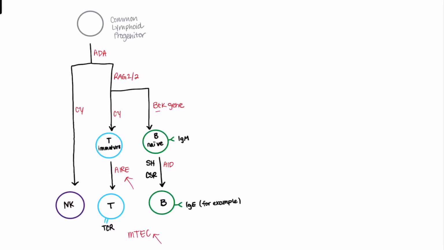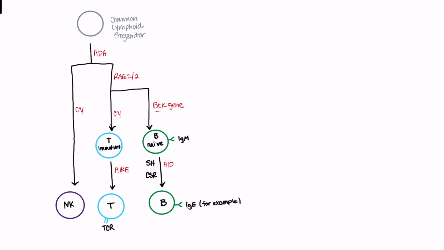So mTEC expresses this protein called AIRE, and what AIRE does is it allows for central tolerance. Negative selection in general just gets rid of T cells that have too strong of an affinity to either MHC class 1 or 2 molecules. So if we don't have AIRE being produced by mTEC cells, then we won't have central tolerance, and that could potentially lead to some autoimmune issues.